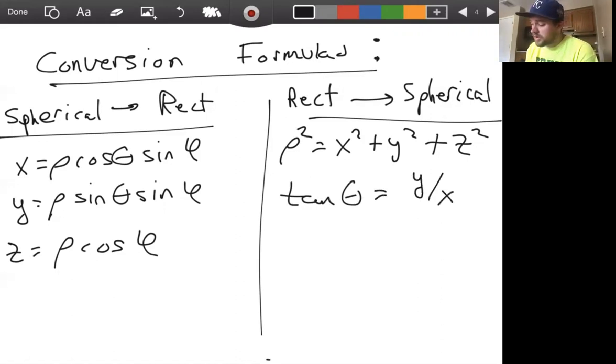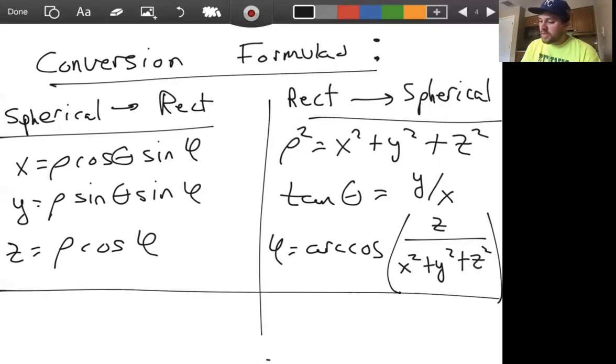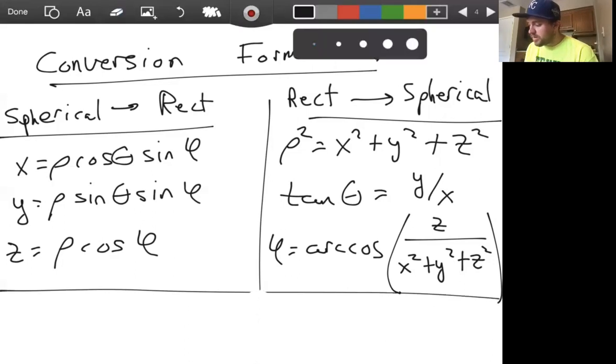It's still the same theta. And then we have that phi is arc cosine of z over the square root of x squared plus y squared plus z squared. And so we'll use these to go back and forth between spherical and rectangular coordinates.